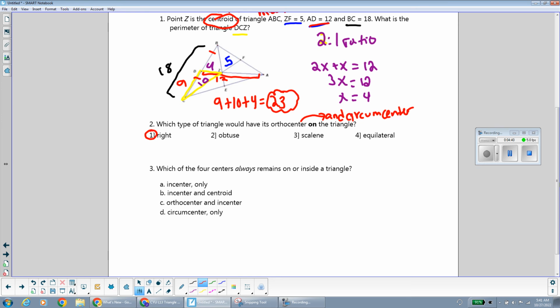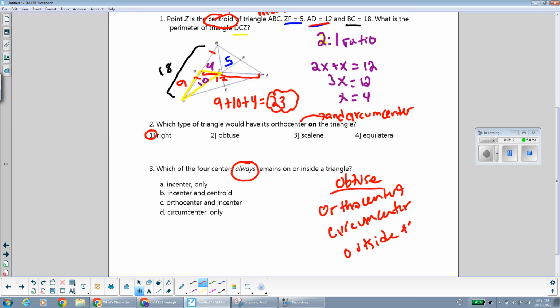Which of the 4 centers always remain on or inside the triangle? So always means that in every situation, on or inside the triangle. So remember that in an obtuse triangle, the orthocenter and circumcenter are actually located outside the triangle, as we saw from our constructions and talked about in class.